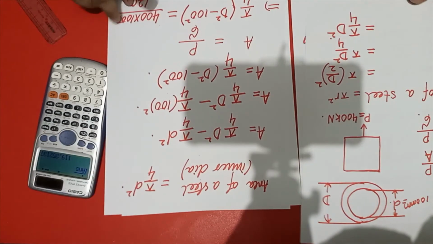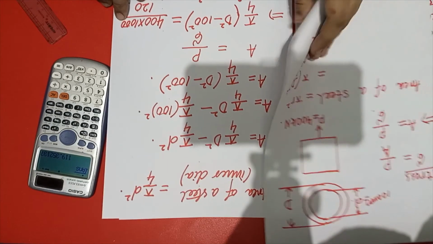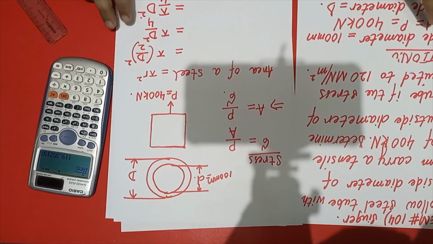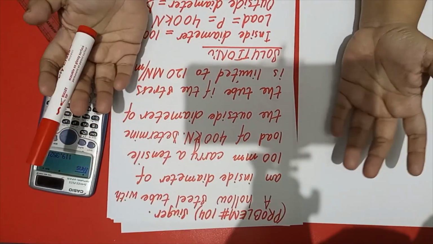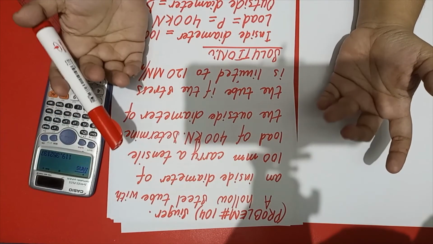So what we have done in this question, this is a very easy numerical. Hopefully it will not be difficult for you. The question gave us a hollow steel tube with an inside diameter, and we have to find the outside diameter.